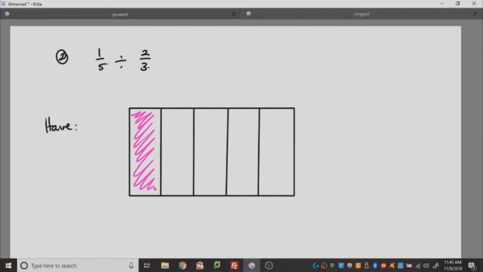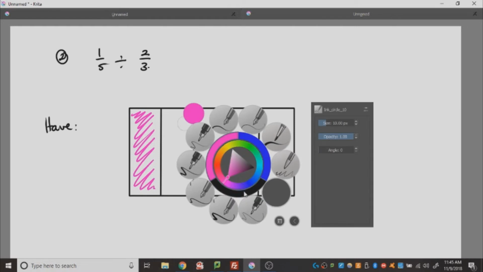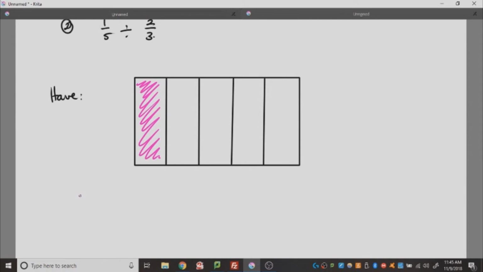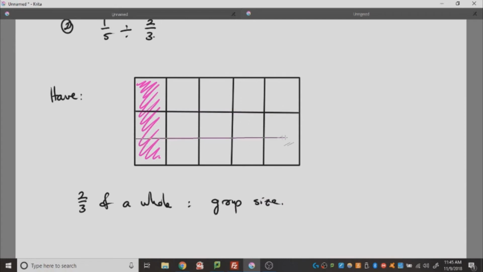Now, I'm trying to see how many times can I fit in 2/3 of a whole rectangle. Well, let me just figure out what 2/3 of a whole, not of what I have, represents. That's going to be my group size. That means I need to go thirds horizontally to be able to relate that to my pink next.